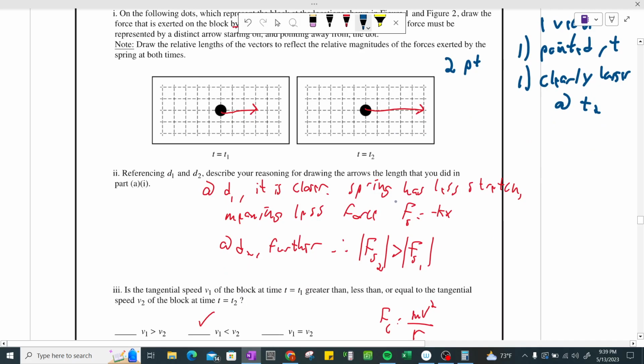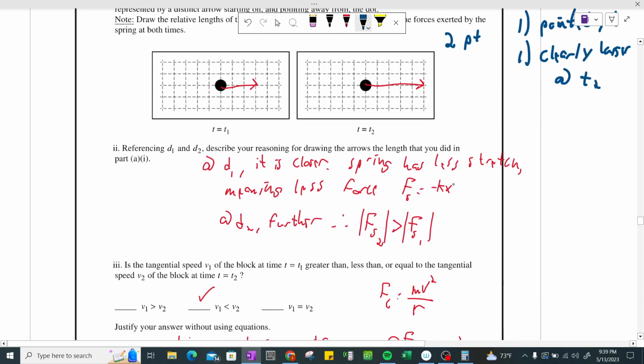Now, your reasoning for drawing the arrow lengths you did. So we said that, let's see, I'm going to say we have 1 point for different displacements. Probably 1 point for spring force.